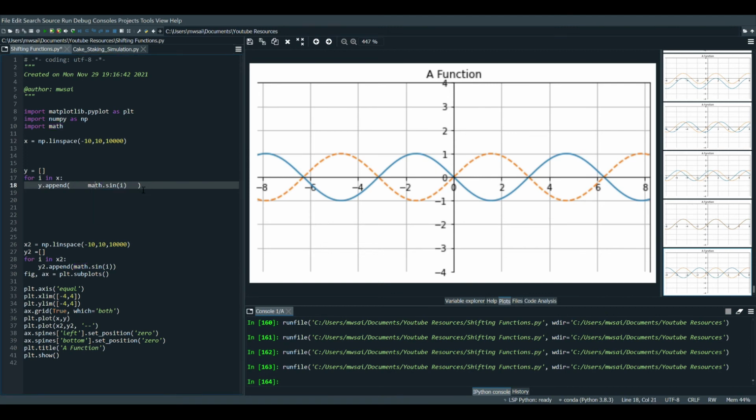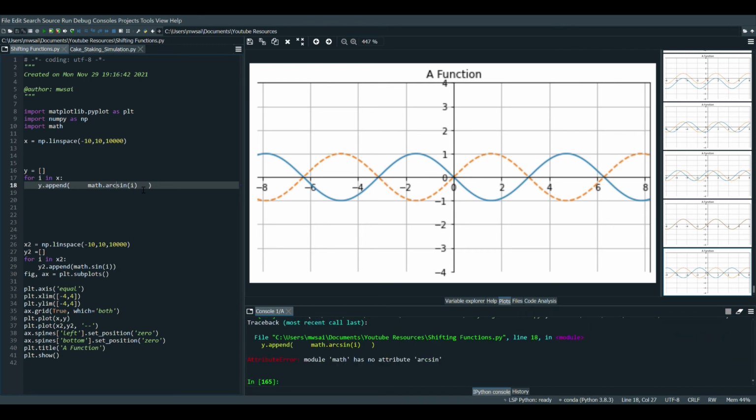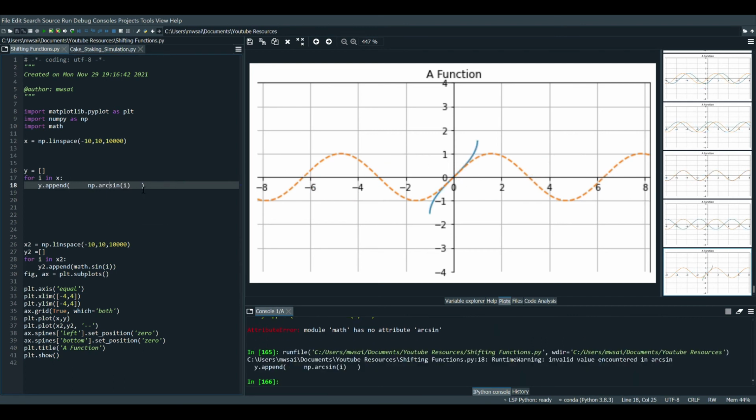Mirroring it across the y-axis, we have to switch x and y. So in this case, I think arcsine is in the math module, but let's see. Nope, it is not in the math module. I forget what module it is. Maybe it's in numpy or something. There we go.